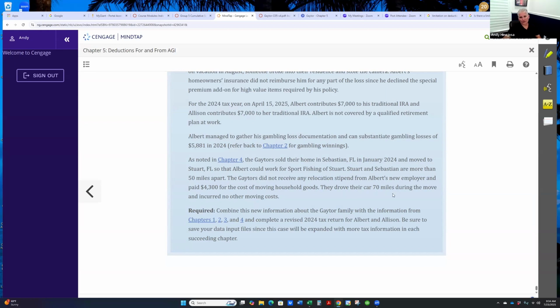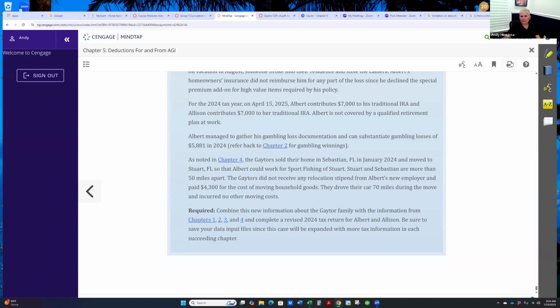They drove their car 70 miles during the move and incurred no other moving expenses or costs. Unfortunately, again, 2017 or before, that was potentially a deduction, but there's no reason to move any further with this because moving expenses are not deductible.